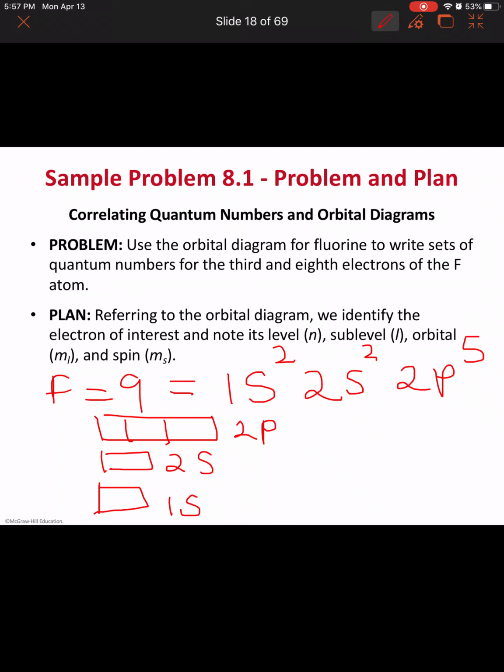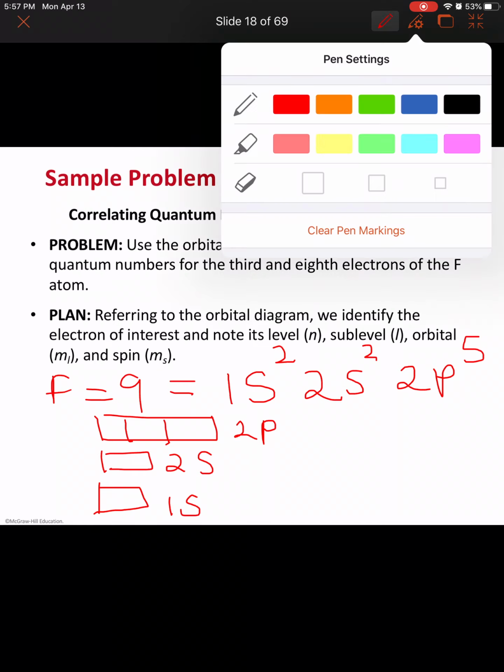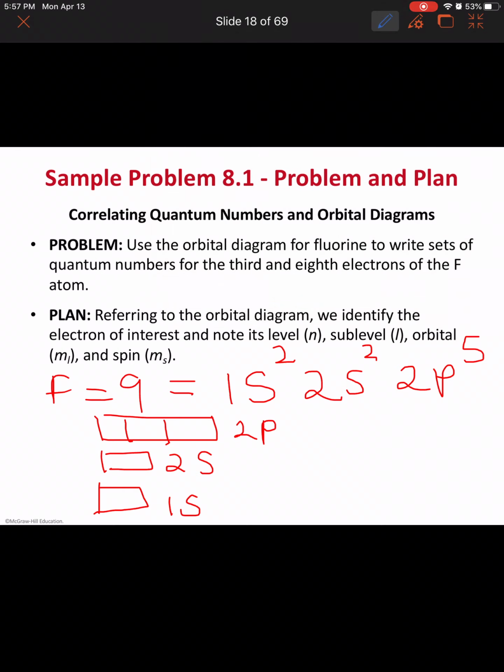I'm going to use a different color, maybe blue. The 1s orbital has 2 electrons. You put 1, 2. The 2s orbital can hold a maximum of 2 electrons. So the first and the second are in the 1s orbital, and then you have 3, 4, the third and the fourth electrons.